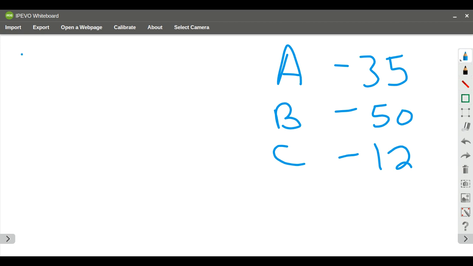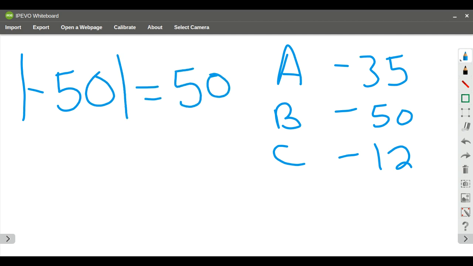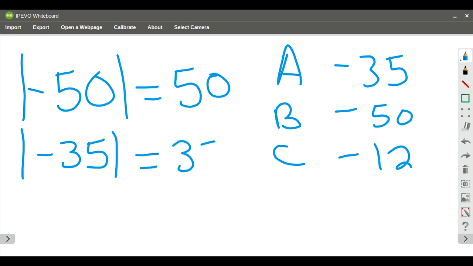So if I write the absolute value of negative 50, I have a number of 50. It's 50 away from zero. The absolute value of negative 35 is going to be 35. And the absolute value of negative 12 is going to be 12.